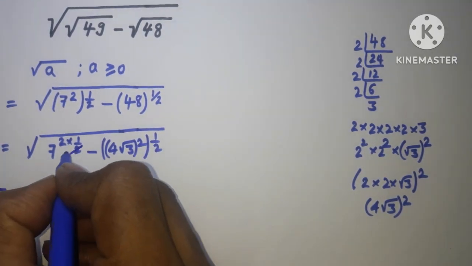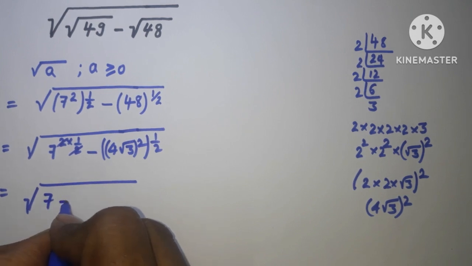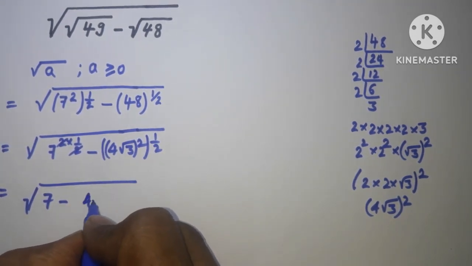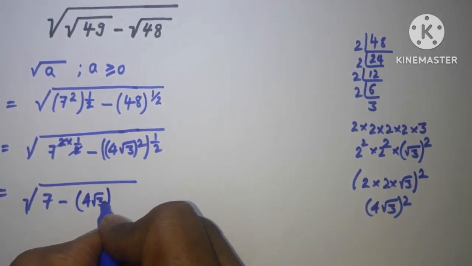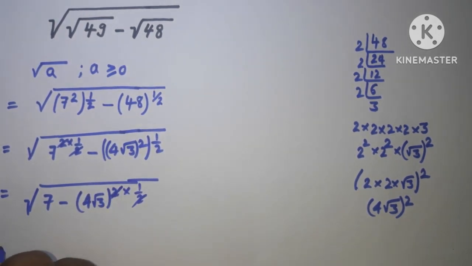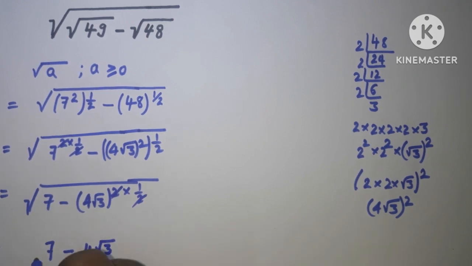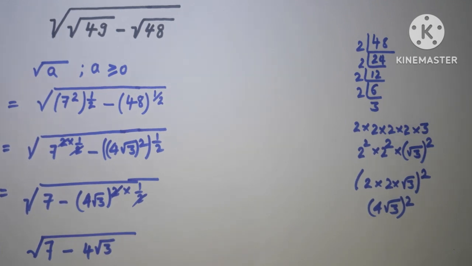So this is going to cancel, so we have root under 7 minus 4 root 3, and the same 2 into 1 upon 2, the 2 cancels, so we have 7 minus 4 root 3 root over.